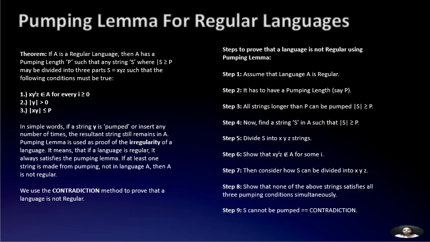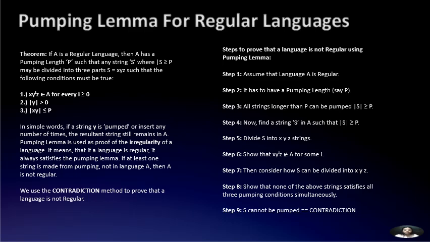Steps to prove that the language is not regular using pumping lemma. Step 1: assume that language A is regular. Step 2: it has to have a pumping length, say P. Step 3: all strings longer than P can be pumped, so the length of S is greater than or equal to P. Step 4: now find a string S in A such that the length of S is greater than or equal to P. Step 5: divide S into XYZ strings.